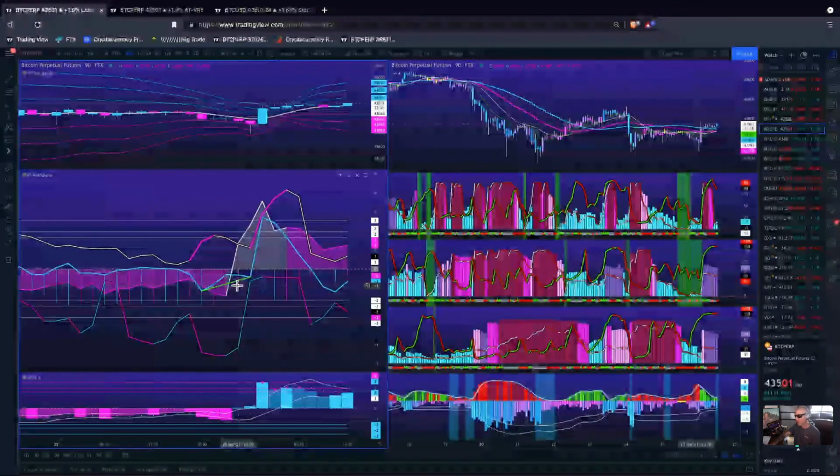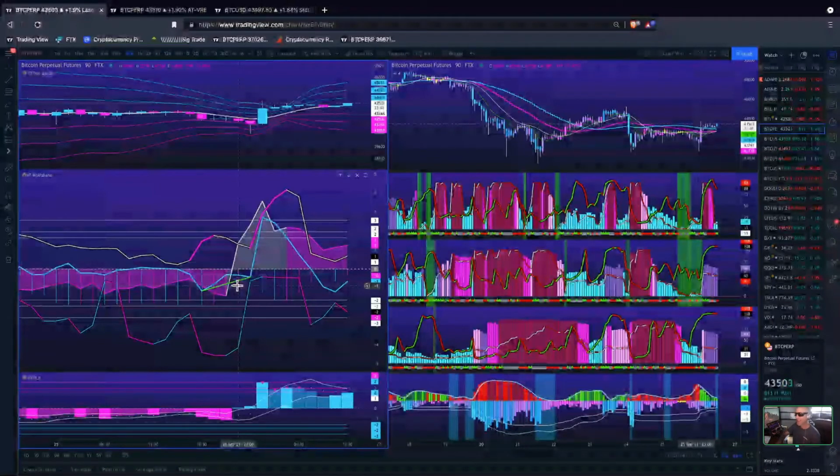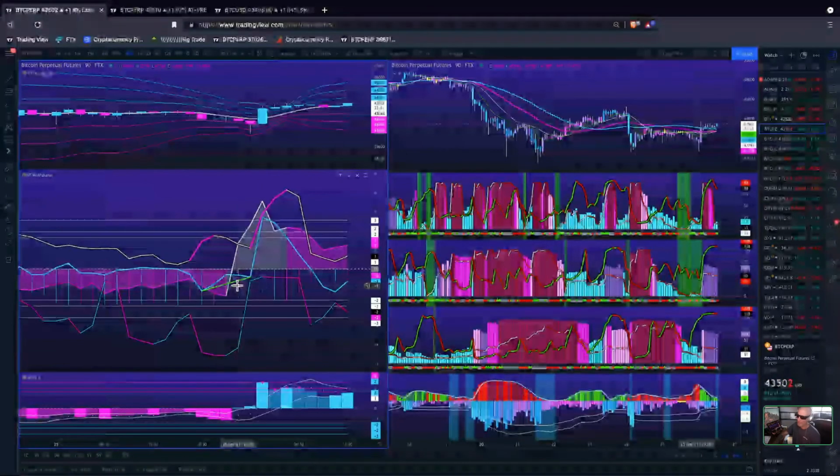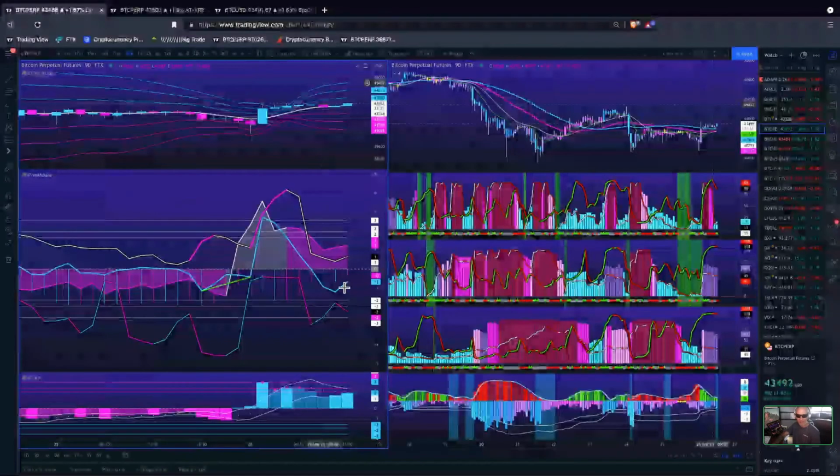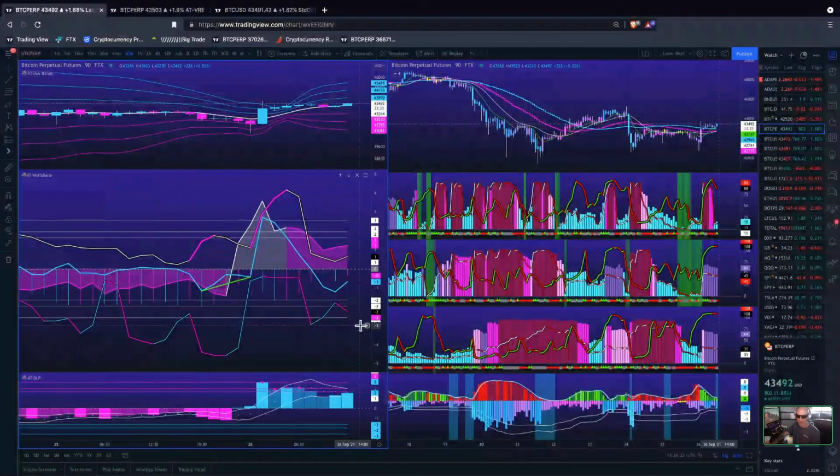And the thing about divergence, it's not hard. You just got to study it. You got to know what you're looking at, right? The biggest problem people have, they get confused in the beginning, and they'll be looking at the top side of price action candles and the bottom side of an indicator. That's not how you do it.